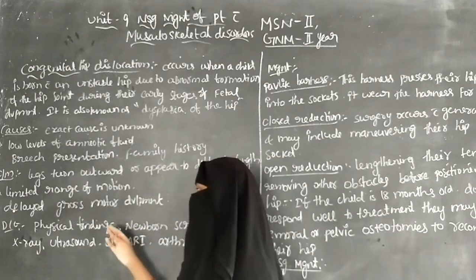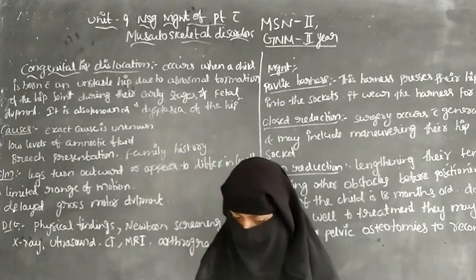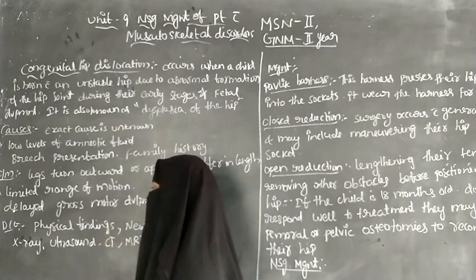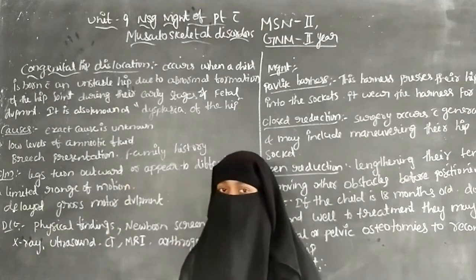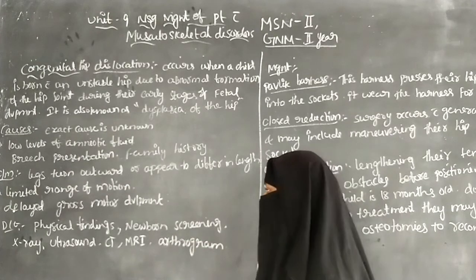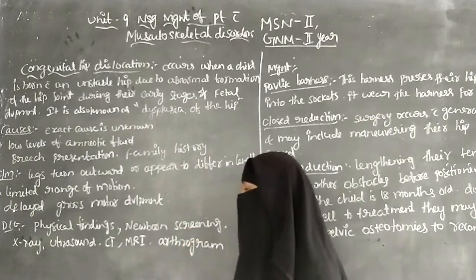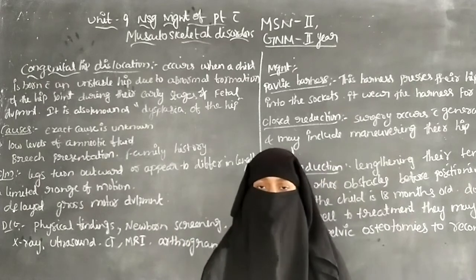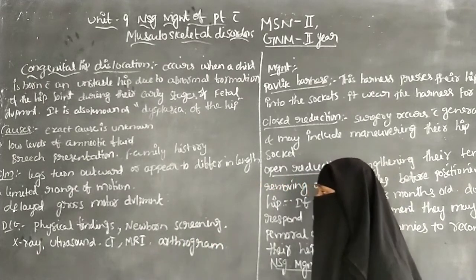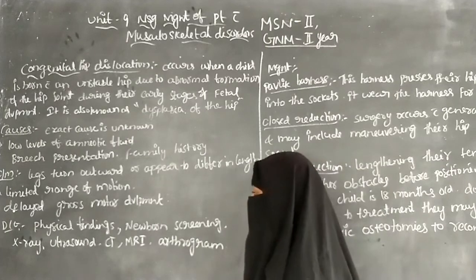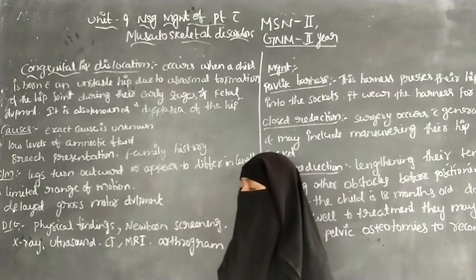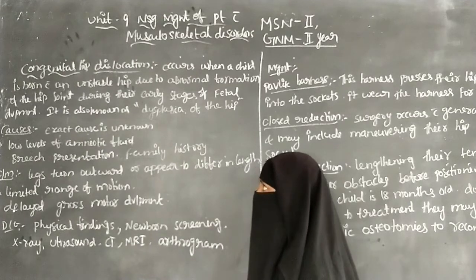The next one is diagnostic evaluation. The diagnostic evaluation includes physical findings. By physical examination we can assess any hip dislocation, and by newborn screening we can identify congenital hip dislocation. X-ray, ultrasound, CT scan and MRI can be used to diagnose the hip dislocation.